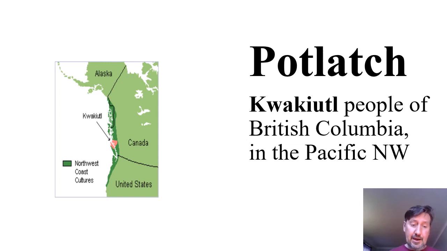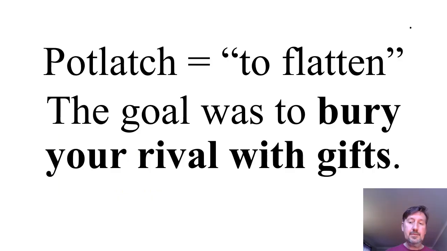The host then tried to give away as many valuable goods as he possibly could to the guests of the potlatch. By giving away large amounts of wealth, the leader gains status and gains prestige.